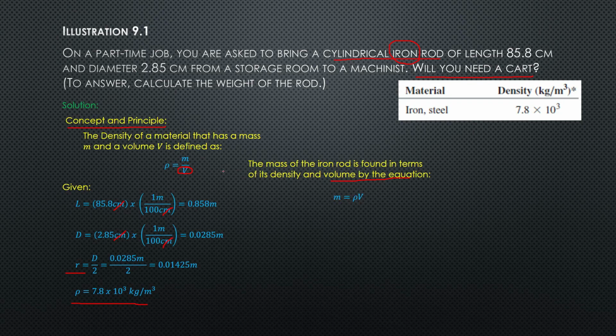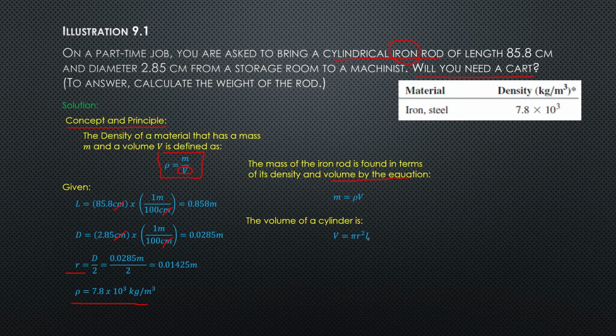So this is derived from this equation. Okay, so multiplying both sides by volume, the volume here will be eliminated, and that is mass will be equal to density multiplied by volume. Now the volume of a cylinder is given by the formula pi r squared multiplied by its length or height.